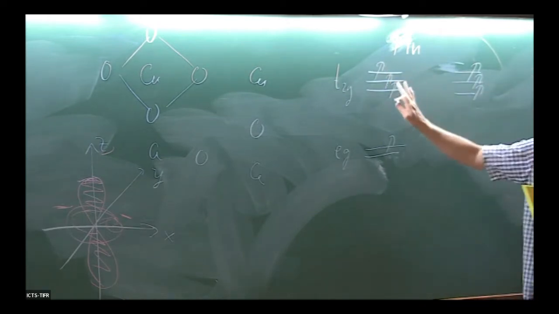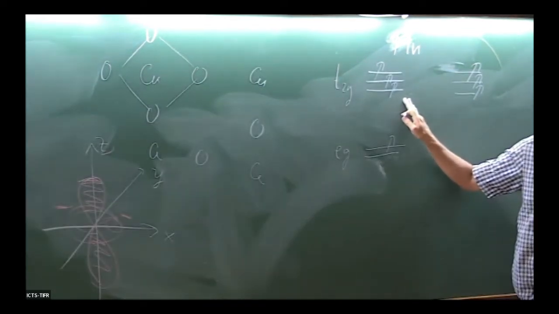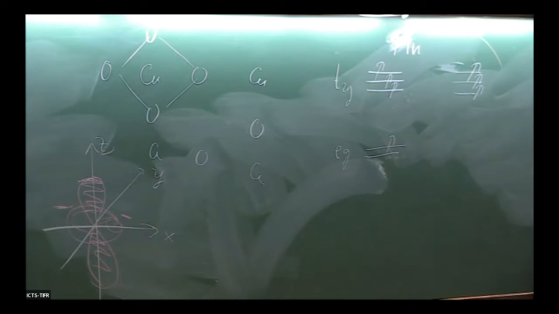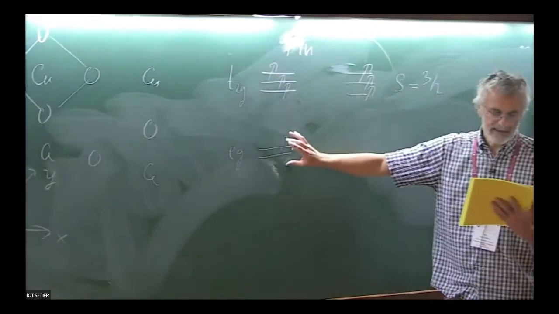I have drawn these spins pointing in the same direction. This is because of Hund's rule. We discussed Hund's rule for the case of the oxygen, and it also is valid here: they would like to maximize the spin component, so they will make S equal 3/2 if the three electrons are on these T2G orbitals.